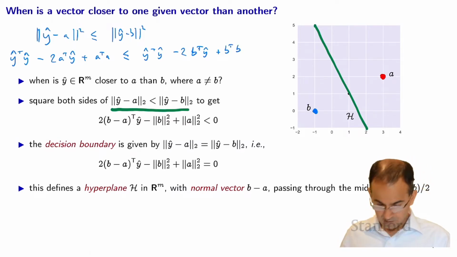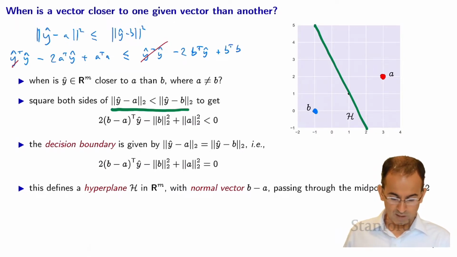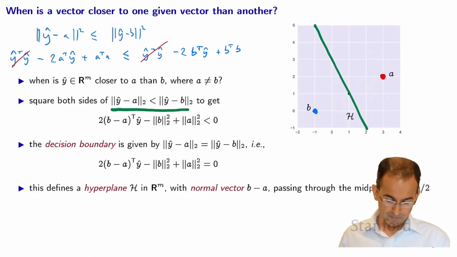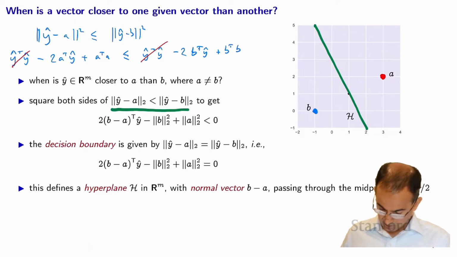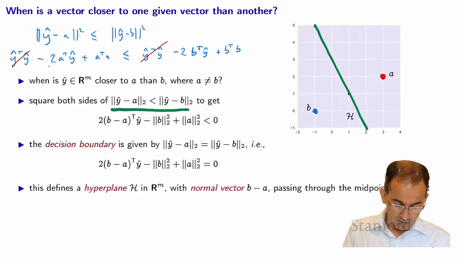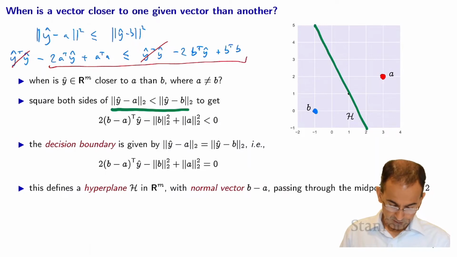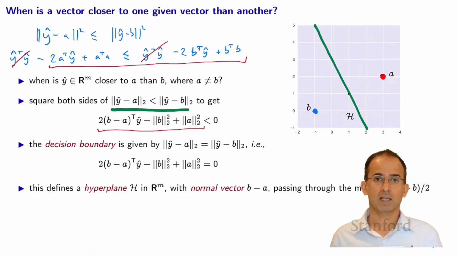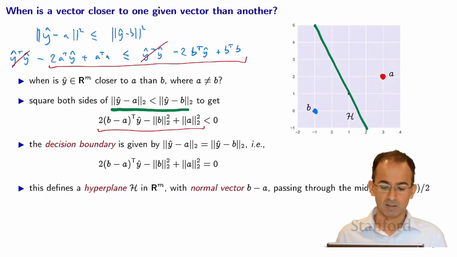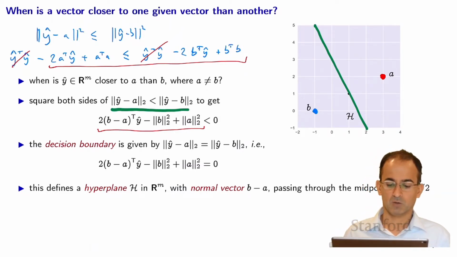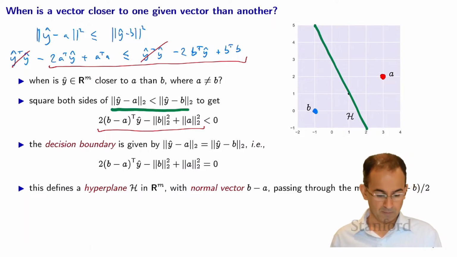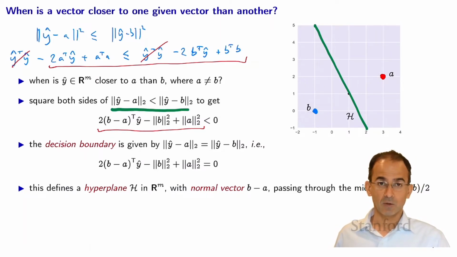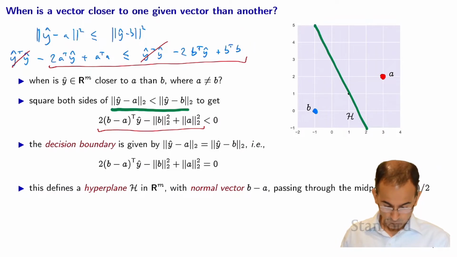And the nice thing about this is that those quadratic terms in y hat go away, and this inequality reduces to this inequality. It is 2 times b minus a transpose y hat minus the norm of b squared plus the norm of a squared is less than 0. And in particular, the thing to notice here is that this only depends on y hat in this nice simple way here.